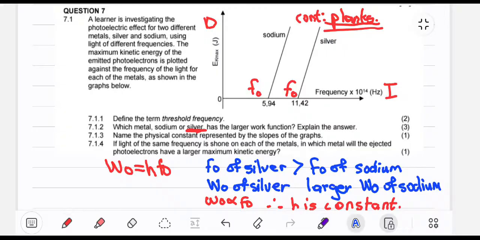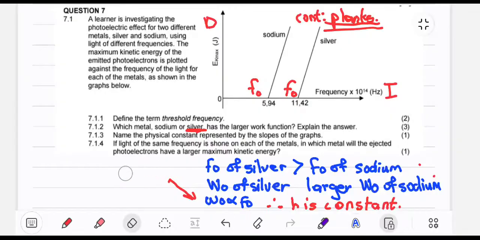The other important thing is this one, because work function is directly proportional to threshold frequency. There's a proportionality there. As this one increases, this one increases as well. I'm hoping it's fine for that.